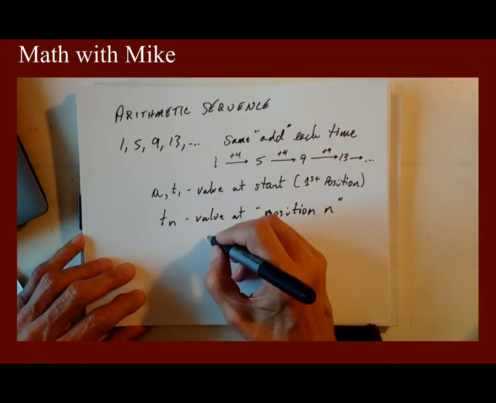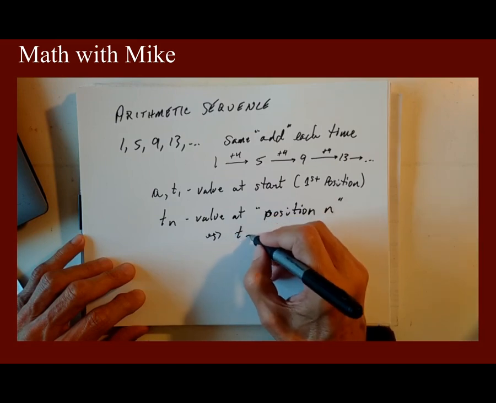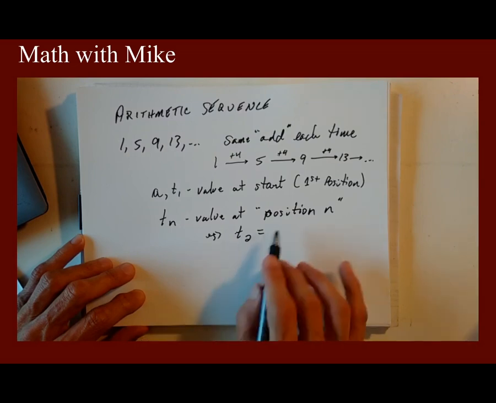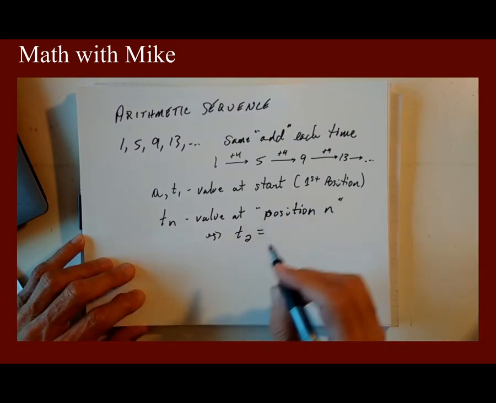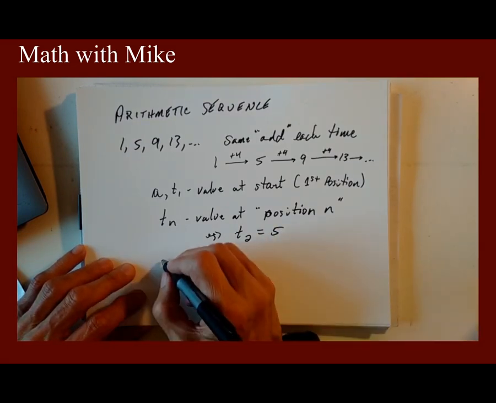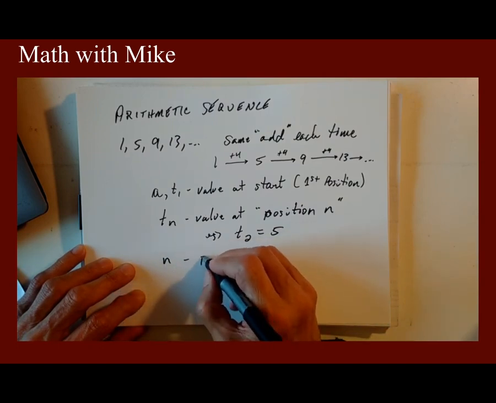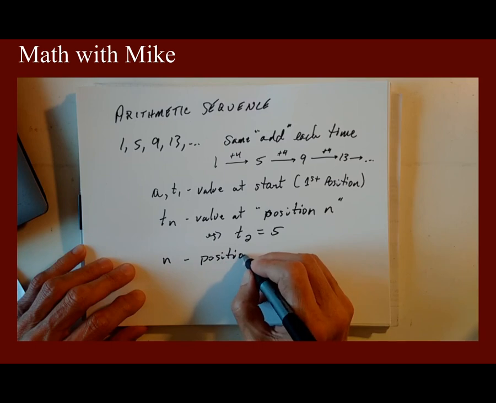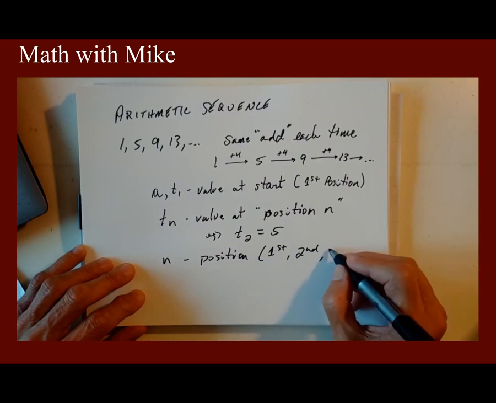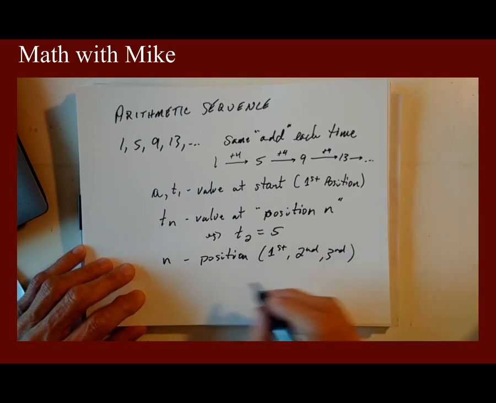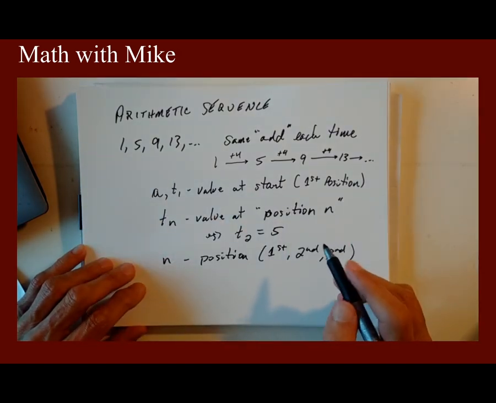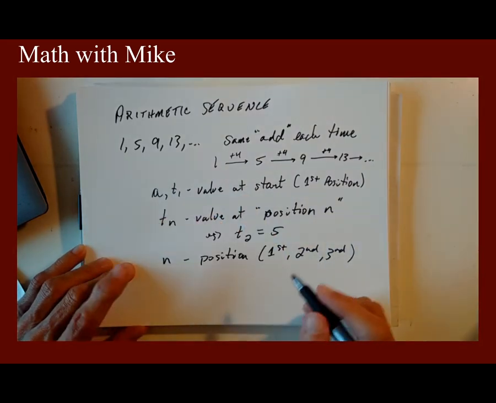For example here, the value at position 2 is 5. Next we had n, the position itself, the location in the list. First, second, third, etc. What's T3 equal to? Well, 9. What's the position? 3. n is equal to 3.